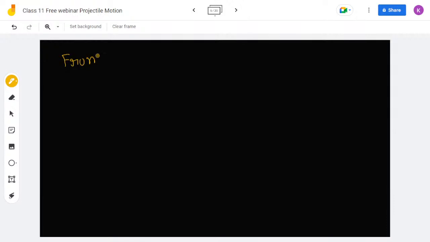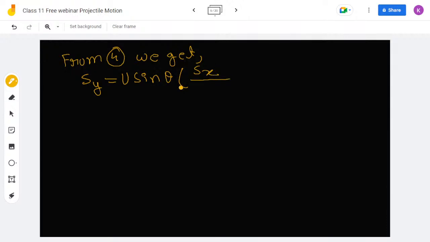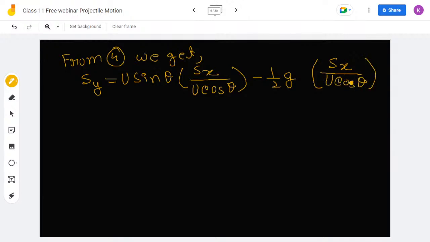From 4 we get s suffix y equal to u sin theta multiplied by s suffix x by u cos theta, minus half g into s suffix x by u cos theta, whole square.